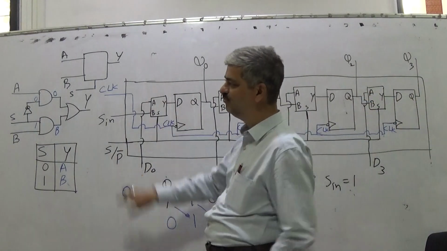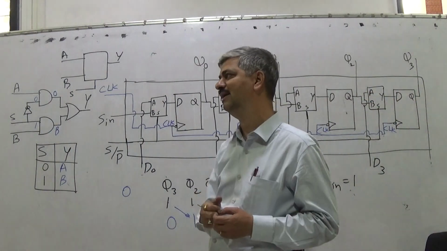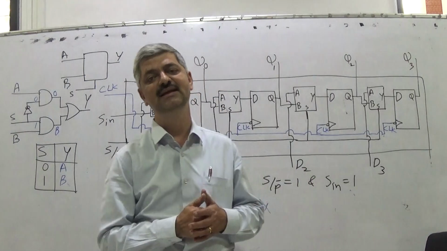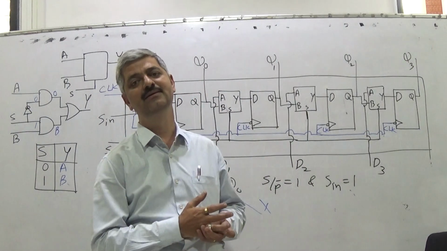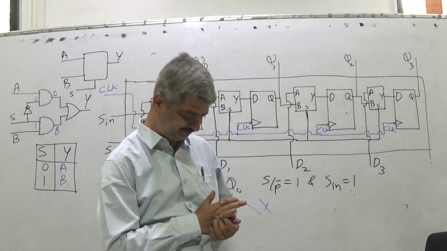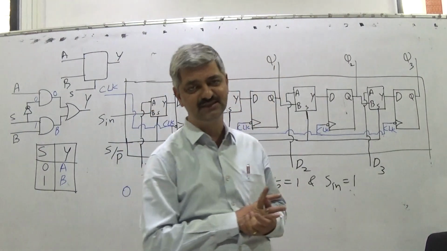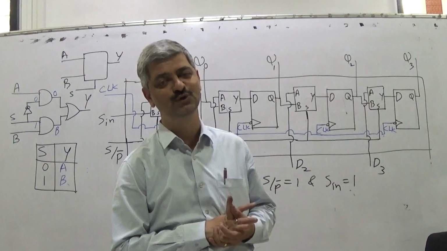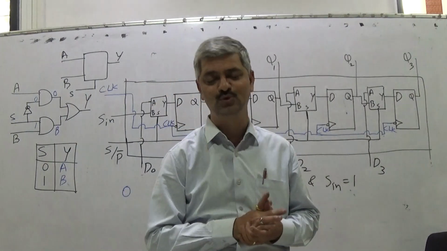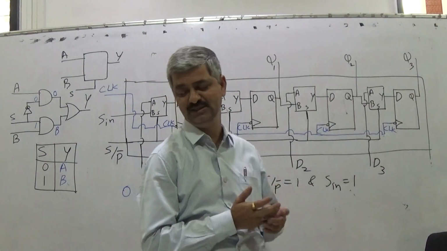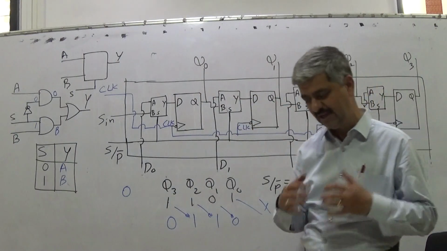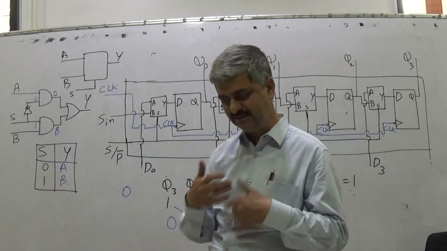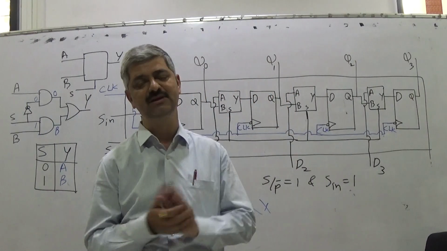There is one more mode called serial mode, in which there is another input pin provided, that is Sin, and whatever is available on Sin comes at Q0, Q0 goes to Q1, Q1 goes to Q2, Q2 goes to Q3. But I want reverse operation, so those who want to try can pause, try something, and after some time they can resume.